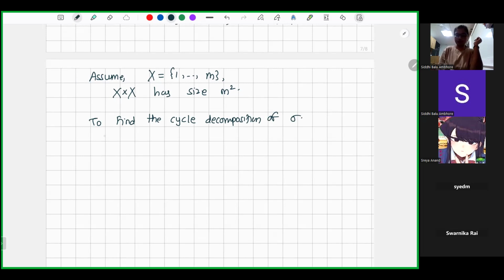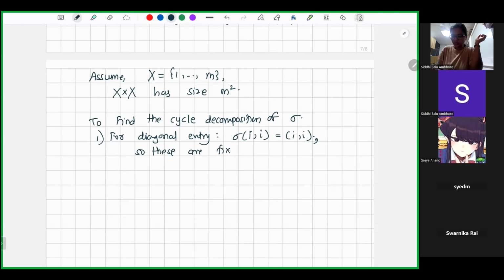So for the diagonal entry, sigma of (i,i) will be just (i,i). So these are fixed.